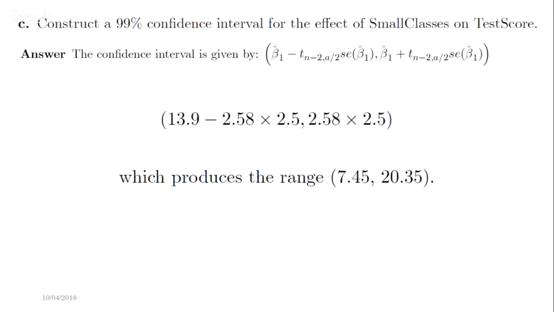So confidence 99%, right? So alpha is 1%. One minus alpha is 99%. Well, alpha is 0.01. One is 100%. Minus alpha, 1%, to get 99.